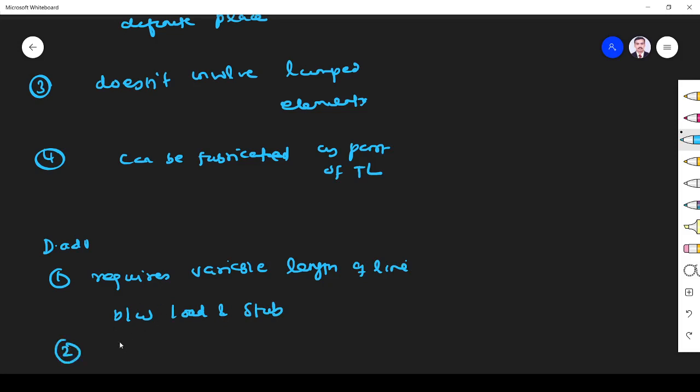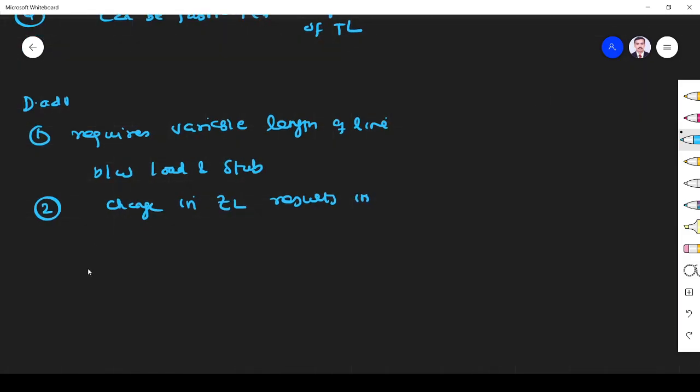Second, a change in ZL results in a change: if the load impedance is changed, it results in a change in length and location of the stub. So these are the main disadvantages of single stub matching.